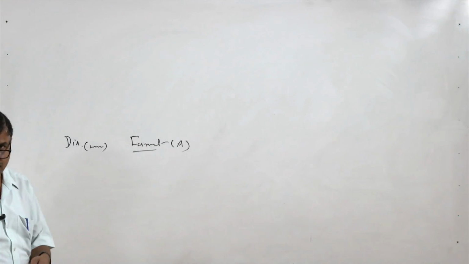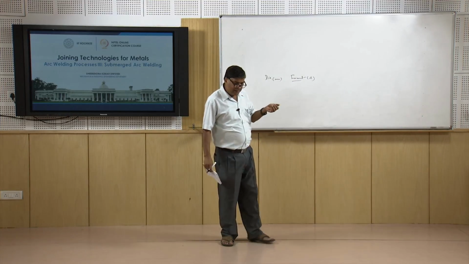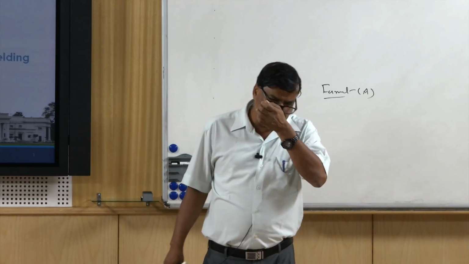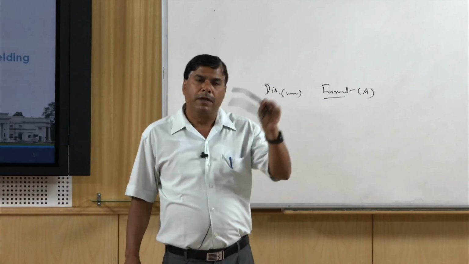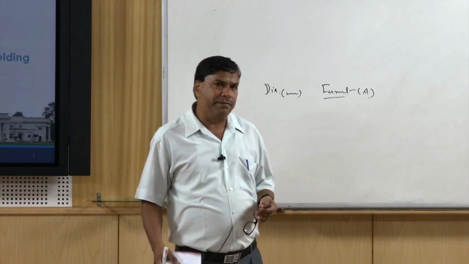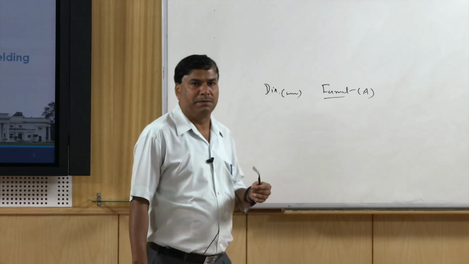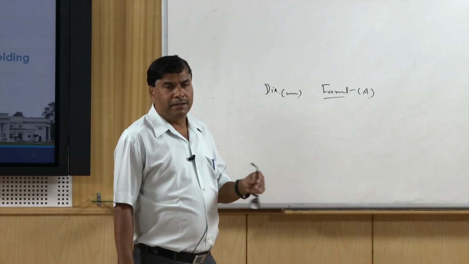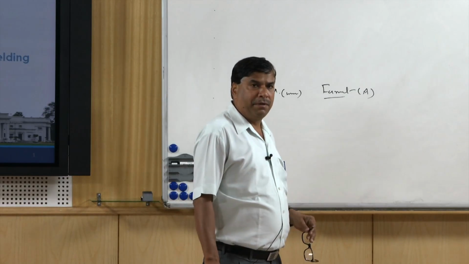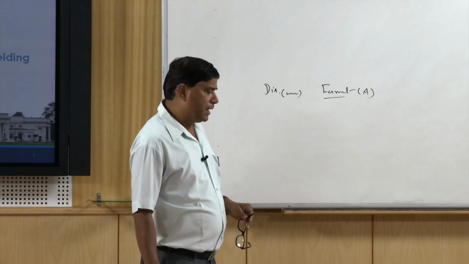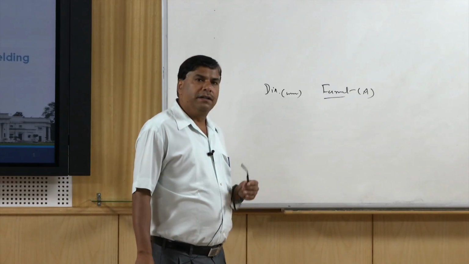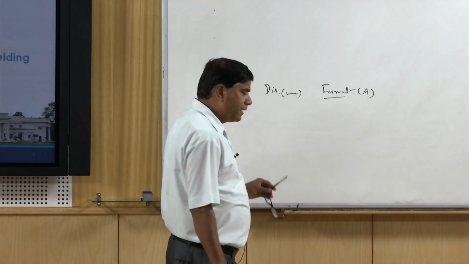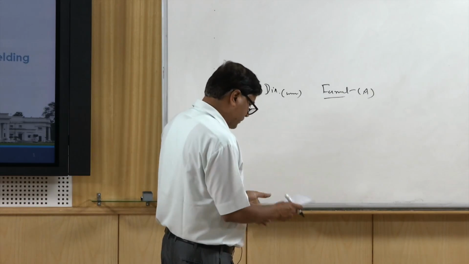The electrodes for the SAW process and for the GMAW process are normally coated, in case of ferrous electrodes, meaning electrodes made of steel, with copper, so that the corrosion resistance of the electrode can be improved, they do not corrode, and the electrical current carrying capacity of the electrodes improves.